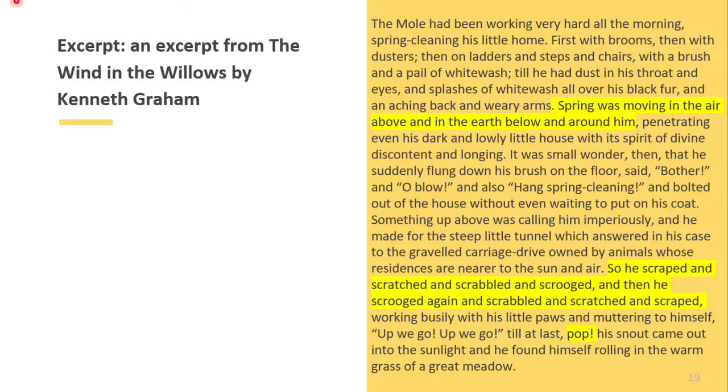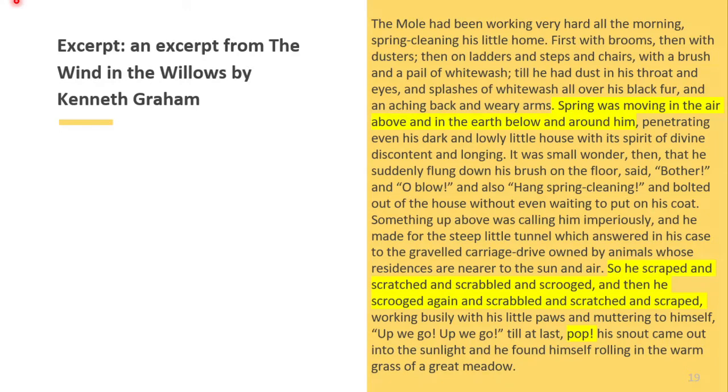Spring was moving in the air above and in the earth below and around him, penetrating even his dark and lowly little house with its spirit of divine discontent and longing. It was a small wonder, then, that he suddenly flung down his brush on the floor, said, "Brother," and "Oh, blow," and also "Hang spring cleaning," and bolted out of the house without even waiting to put on his coat.